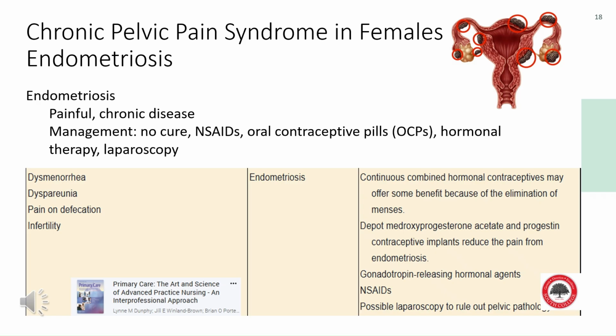Some of the management strategies are combined hormonal contraceptives, medroxyprogesterone acetate, implants, other hormonal agents, NSAIDs for pain, and they will sometimes do surgery to remove some of the endometriosis and also to look for other pelvic pathology.